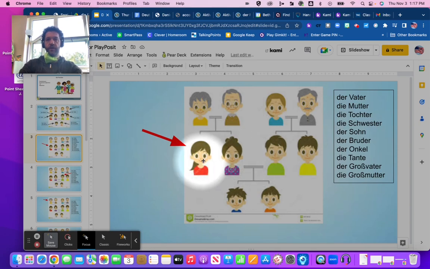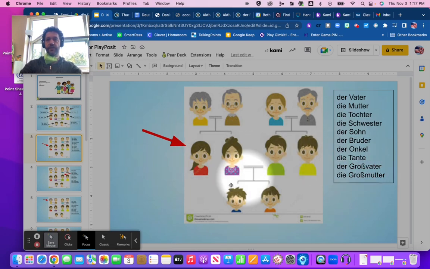So, das ist wer. Who is this? So you would see probably die Mutter, die Schwester, die Tante, die Großmutter, and which one of them would actually be correct?